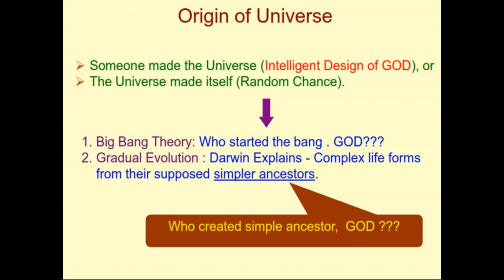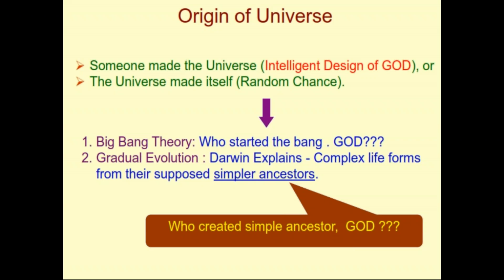That means we can say here it is written that someone made this universe. Someone is God, or we can say nature, which is dynamic, and this dynamic nature has created this universe, and this universe actually made itself, and that is known as random chance. And for this random chance, there are two major theories.